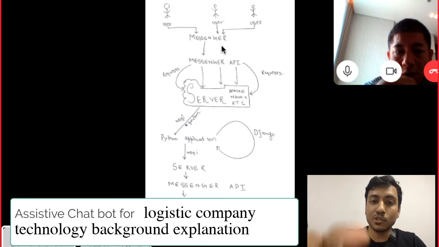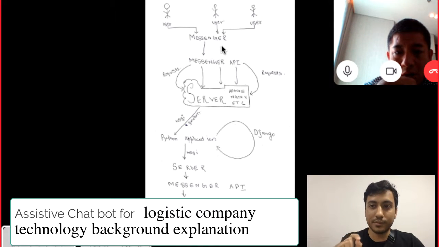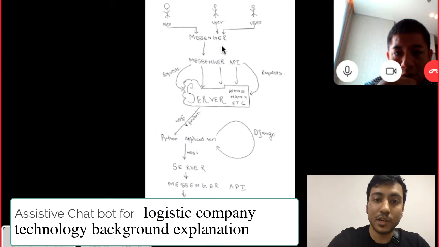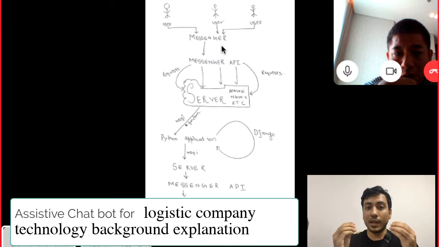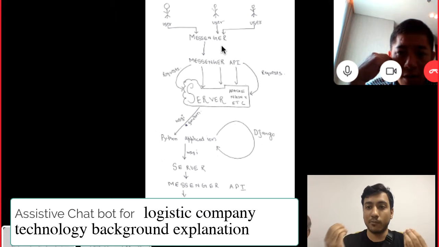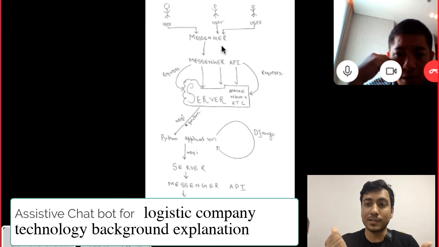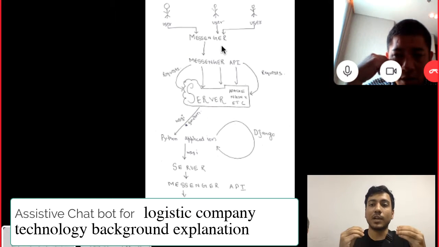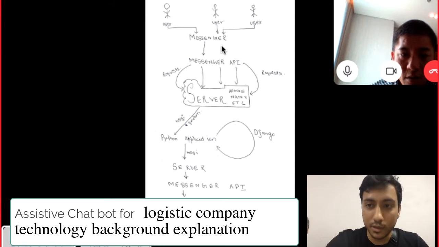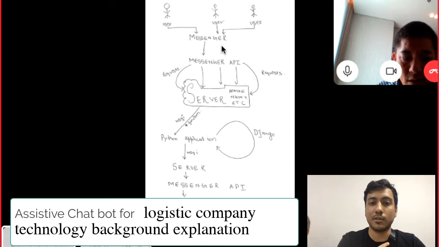That message goes to the Messenger API, which only understands HTTP requests. So it will send HTTP requests to a server, which will be my server.